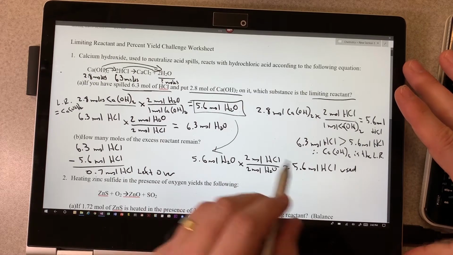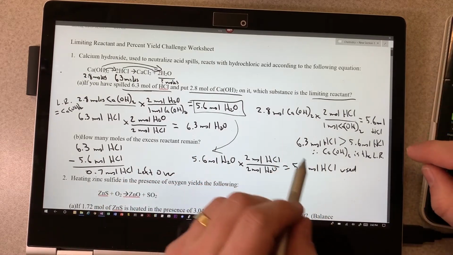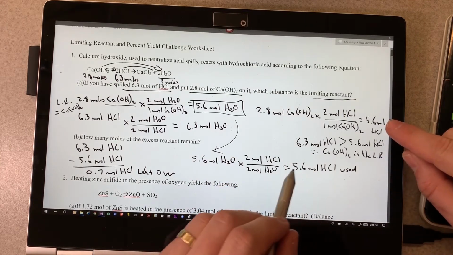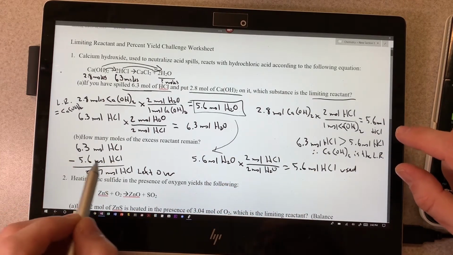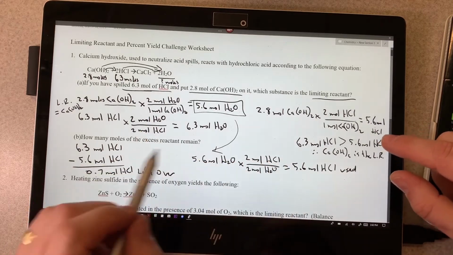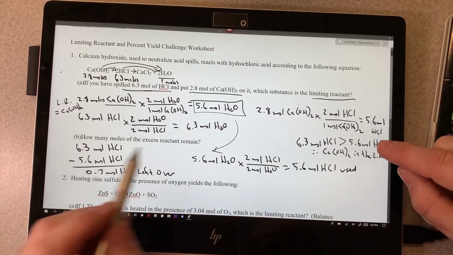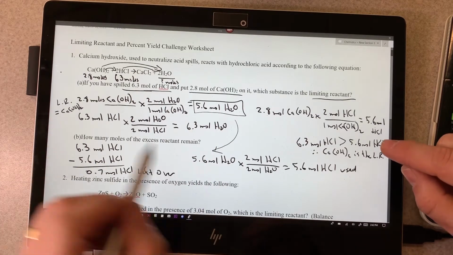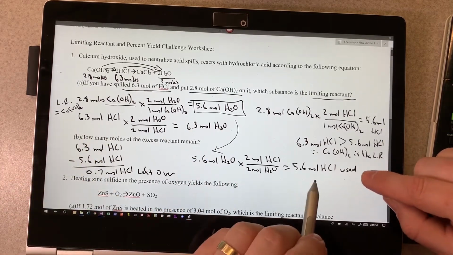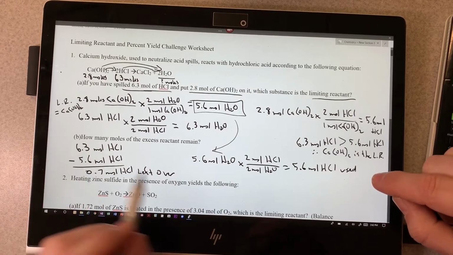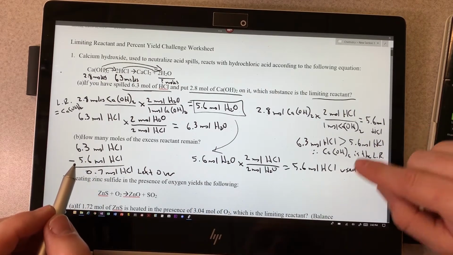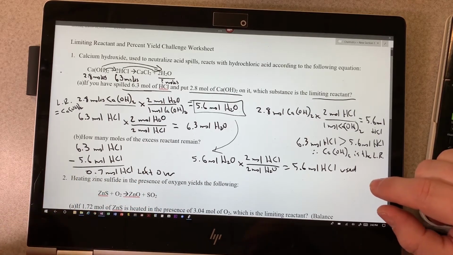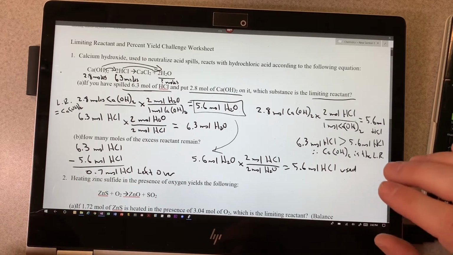Which again is the same answer as I got up here. That's how much I used up. Doesn't matter where I go to get it, but this is just another way to use it. It's to start with how much the limiting reactant gives me, calculate back to figure out how much of the other reactant I have, and you get the same amount from both ones, 5.6 moles, 5.6 moles, and so I have 0.7 moles of HCl left over.